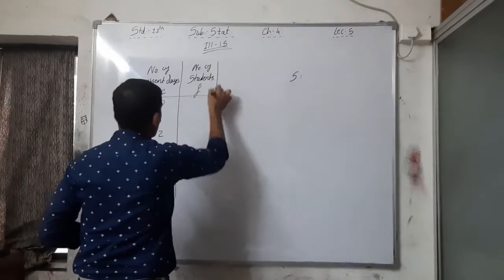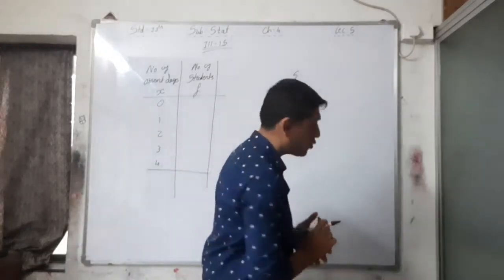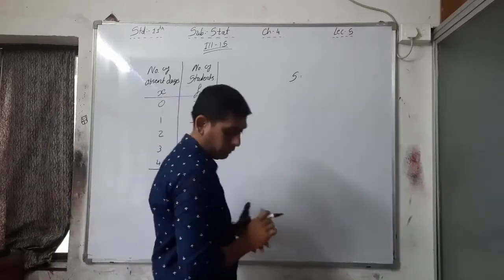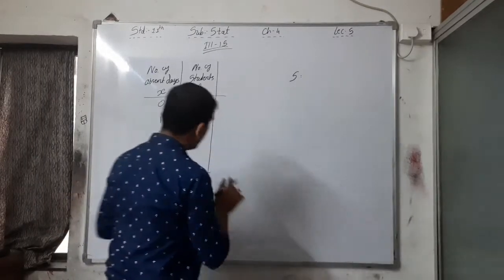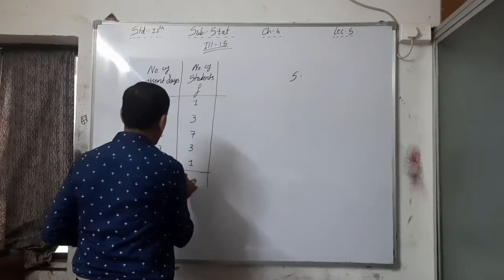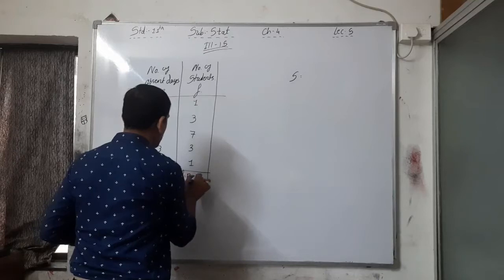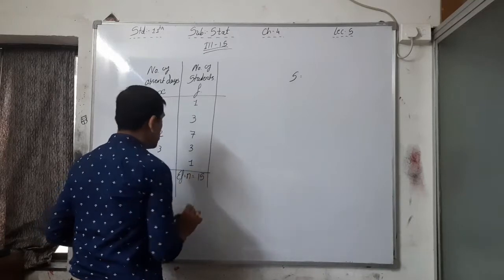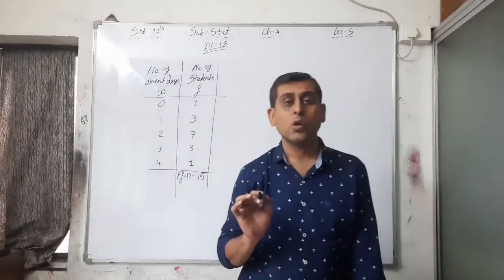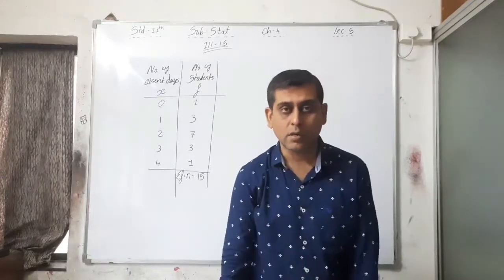What is the frequency now? 0 days, 1 student, 3 students, 7 students, 3 students again, and then 1 student. So total sigma f, or you can say n, is equal to 15 students. It is specifically given in the question. We are observing 15 students' absent days.